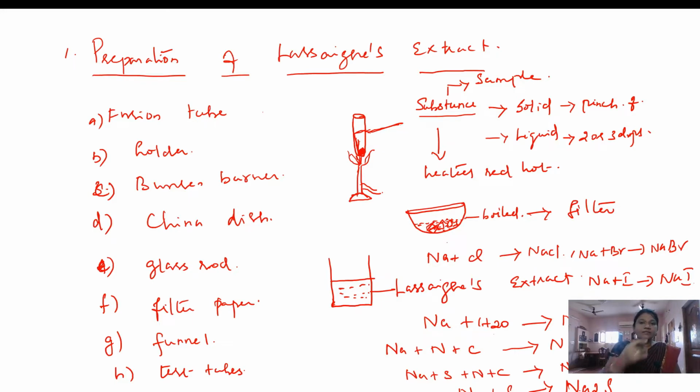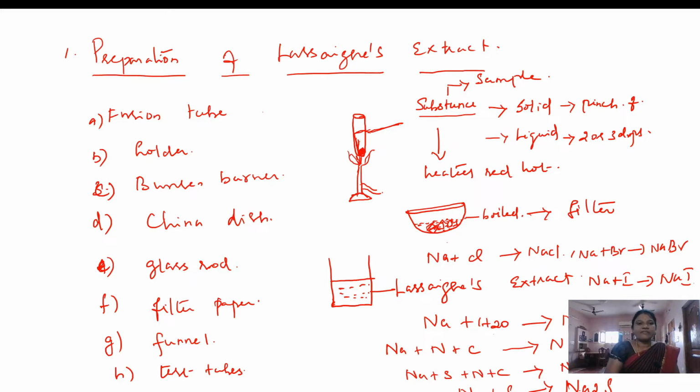Using this analysis, we are going to find out the nature of the substance by finding out the elements present in it and the functional group, whether it is saturated or unsaturated, whether it is aliphatic or aromatic. These are the findings of the organic qualitative analysis. Finally, we are going to report.